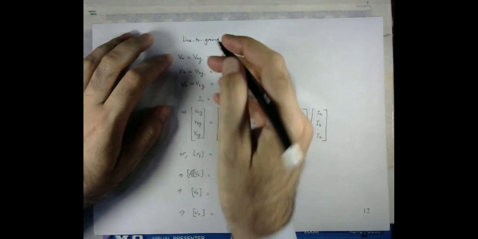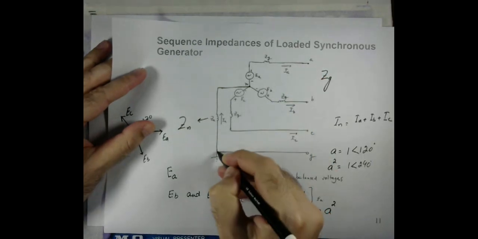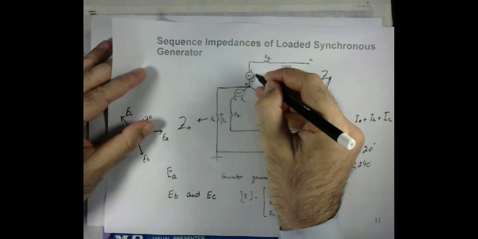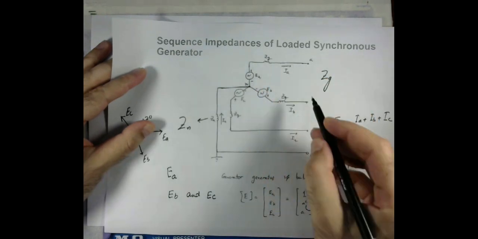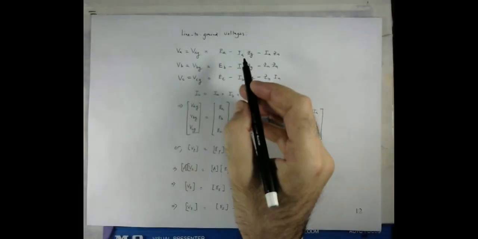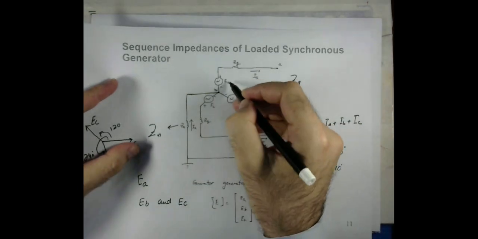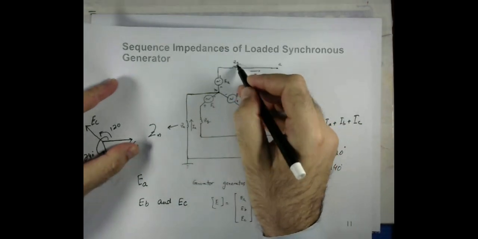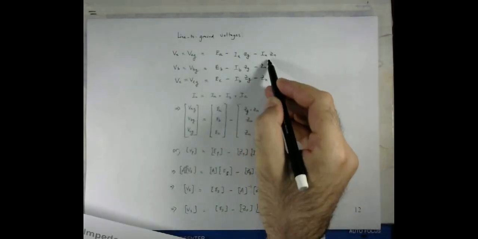Now if one looks at this particular circuit, VAG will be equal to EA minus IA ZG minus IN ZN, which is written here.